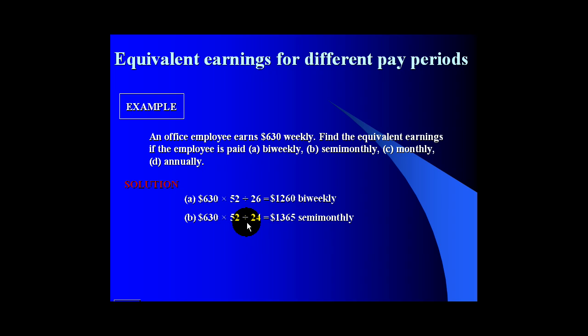To calculate the monthly earnings, similarly, we take the weekly earnings times 52 and divide by 12, the number of paychecks per year, for a total of $2,730 monthly. And annually, we simply take the weekly times 52 for an annual total of $32,760.